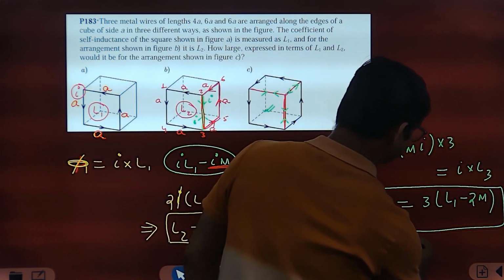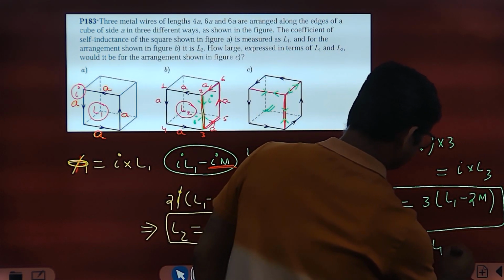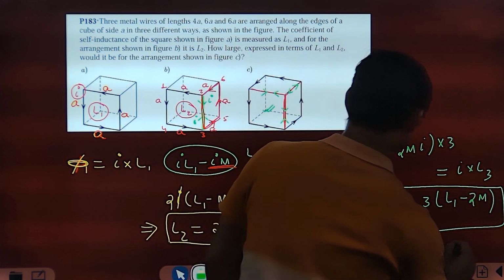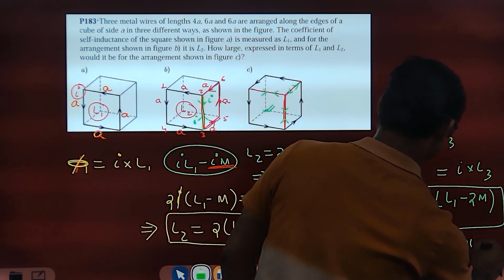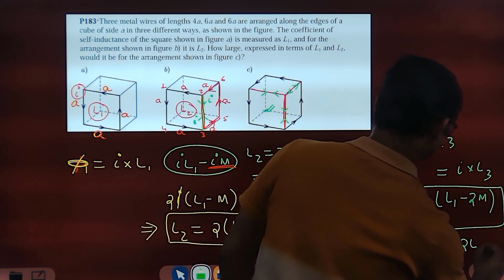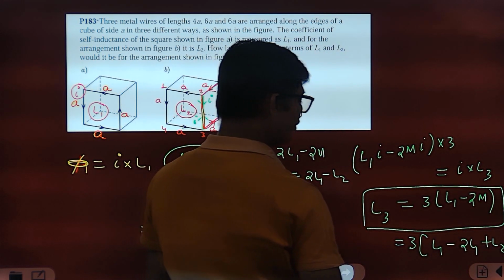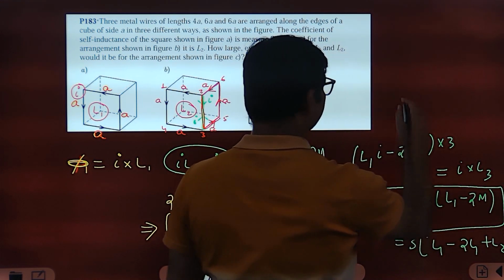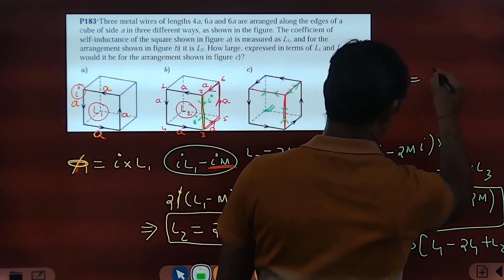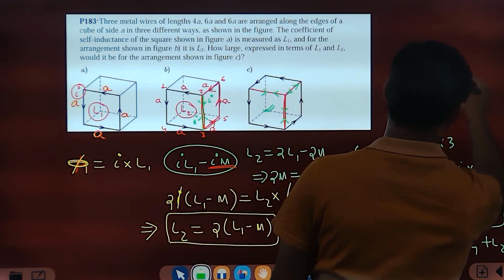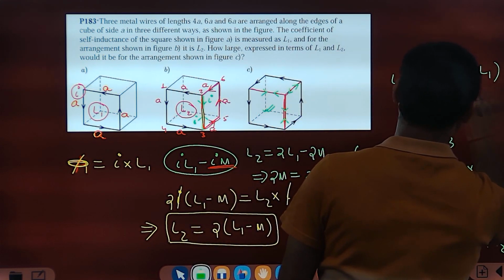So, I will replace it here. So, this is minus 2M, and minus 2M will be minus 2L1 plus L2, and then that is coming out to be L2 minus L1. So, we are getting L3 is equal to 3 times L2 minus L1.